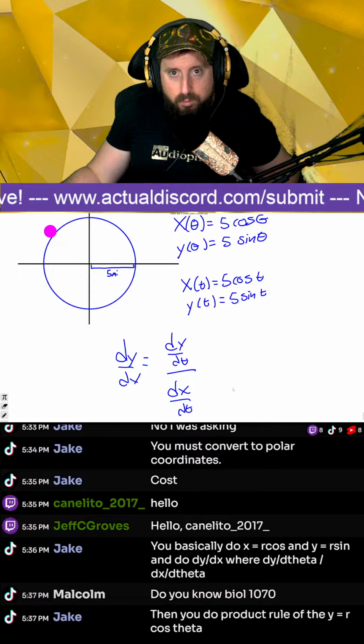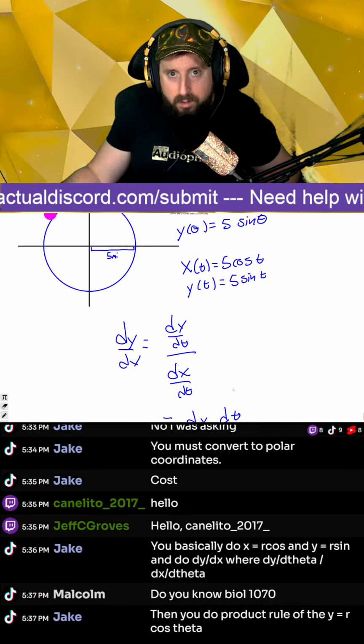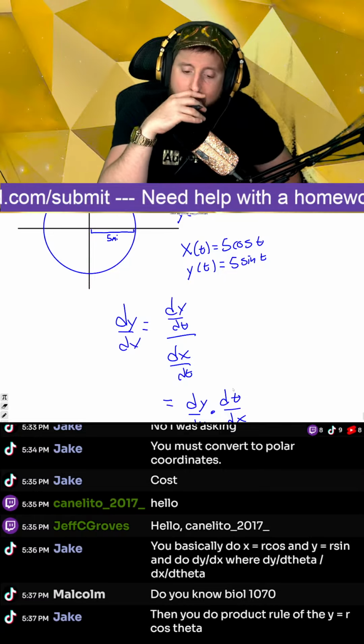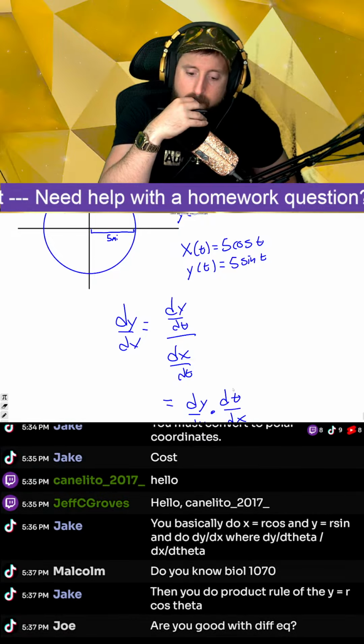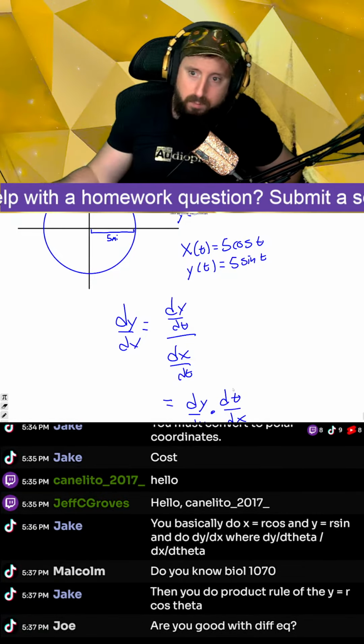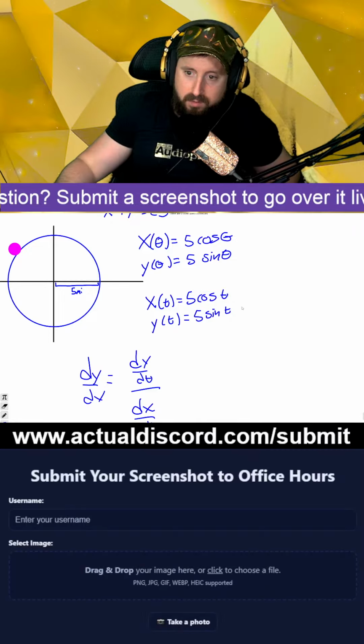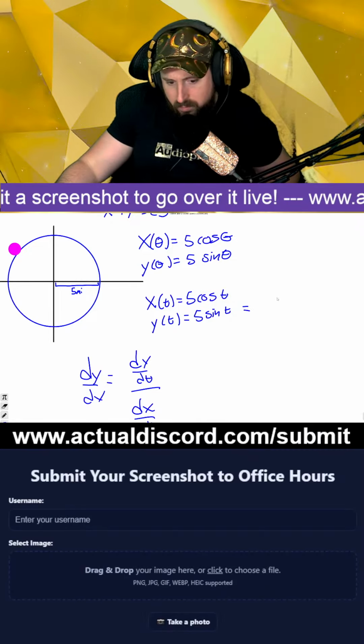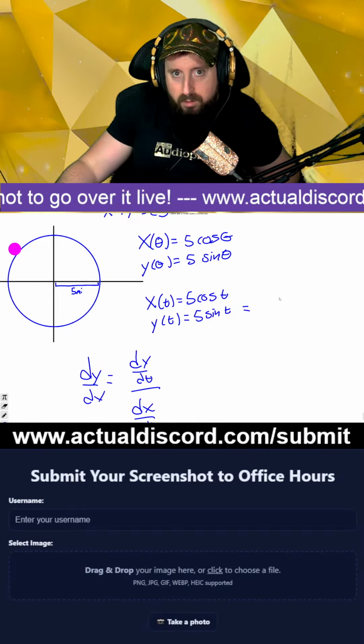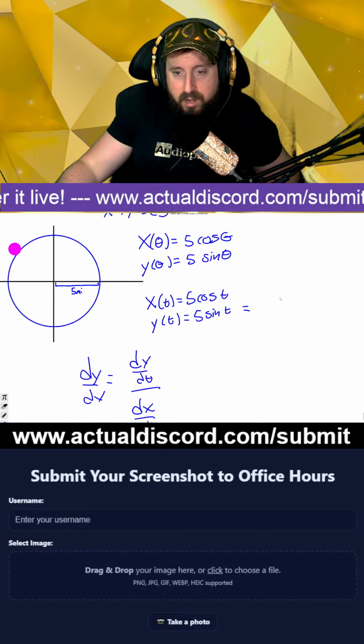Yes, and then you do the product rule of y equals r cosine theta sine theta. Let me think though. Well, it's not really a product rule. So dy dt in this case would just be equal to, I think it's cotangent t times a constant, right?